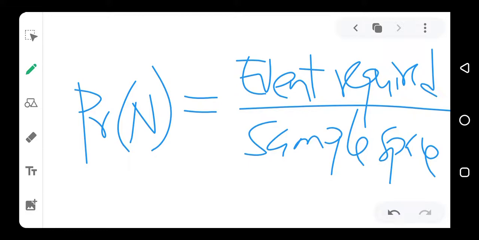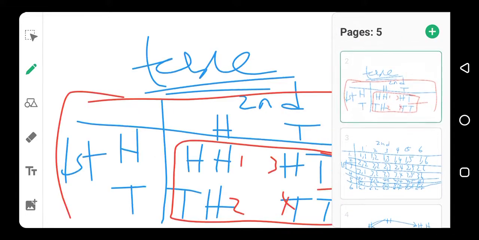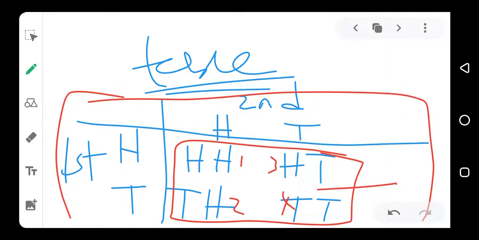In our probability table here, we can be asked to find the probability of getting tail and tail, that is 2 tail, or probability of getting 2 head, or probability of getting head and a tail. So each of the ones we are looking for is the event required, and then the sample space is the total possible outcome in it.